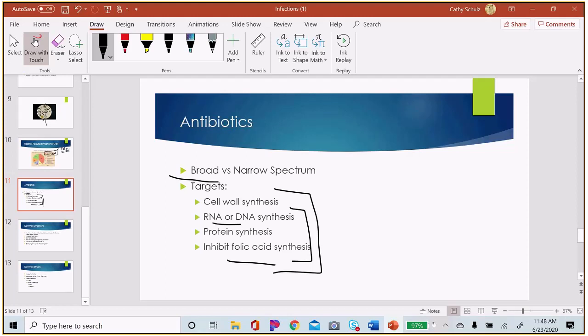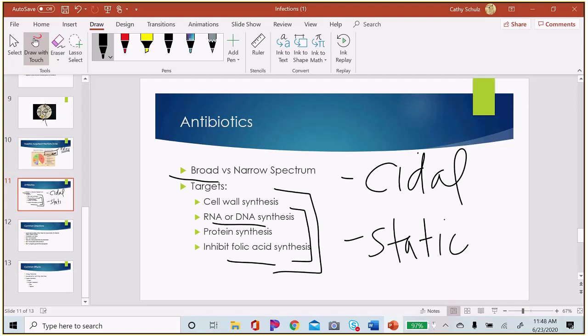Changing folic acid in DNA changes the ability to replicate, and protein synthesis changes the bacteria's ability to care for itself. Some antibiotics are bactericidal, meaning they kill the bacteria on contact. And some are bacteriostatic, meaning they stop the bacteria's ability to divide, and eventually they just die out.